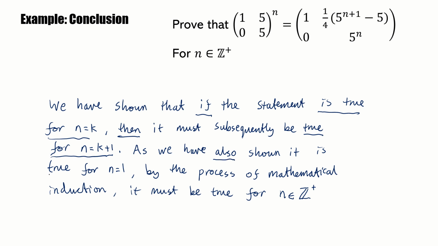Also pointing out that it's true for n equals 1, and that these things combined, process of mathematical induction is a nice posh way of saying that, and then pointing out it's true for all positive integers. So these are all the key facts that you have to mention as part of your conclusion to get the marks for these questions.